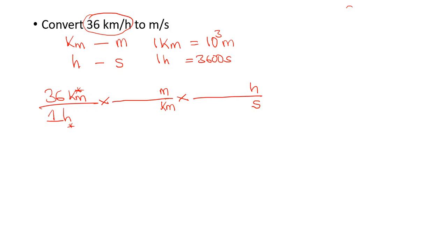Then I'll start just putting the numbers. The seconds go with 3600. The hour goes with 1. The kilometer goes with 1. The meter goes with 10 to the 3.